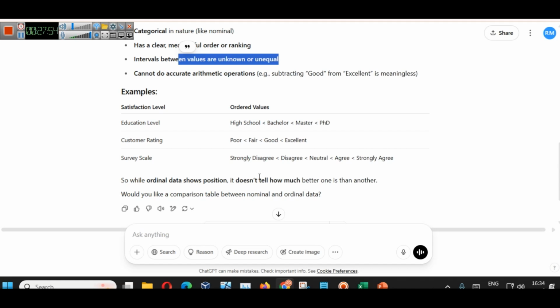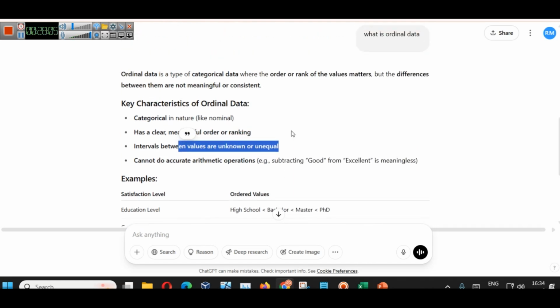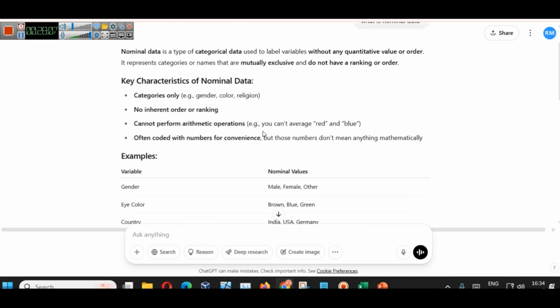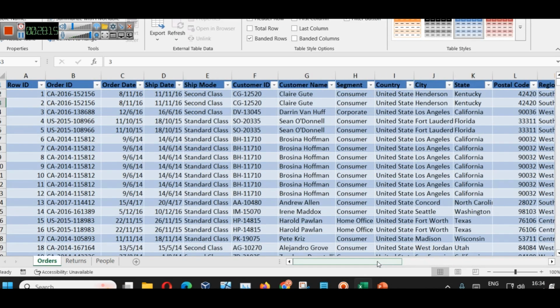Whenever we are creating a graph, and if it is ordinal data, we will show it in that order, right? In case of nominal data, we can show it in any order. We will see many examples, right?